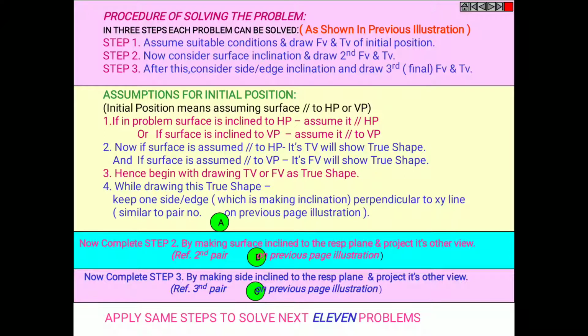So in that case we cannot directly step into step 3. This is a sequential order. Firstly we need to draw 1, 2 and then 3. So these are some important steps for solving any problem.